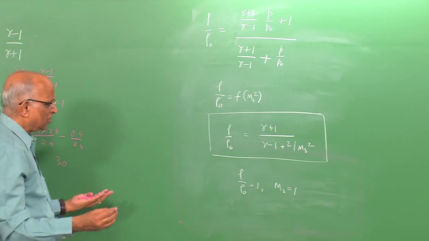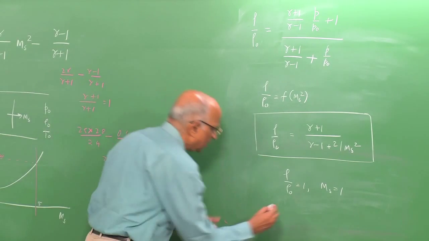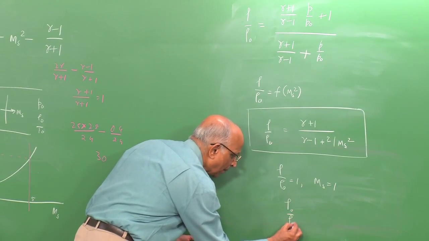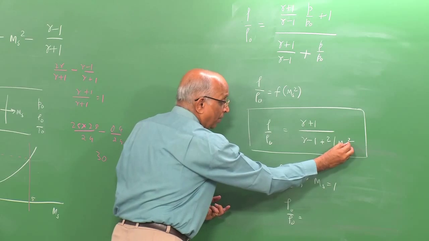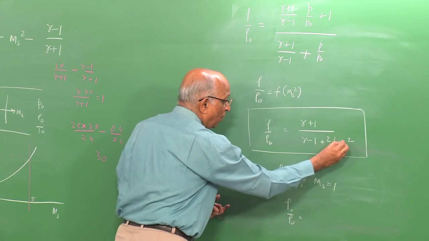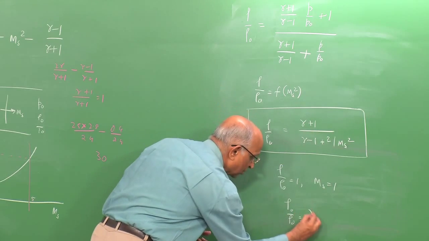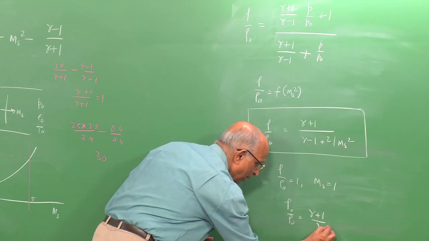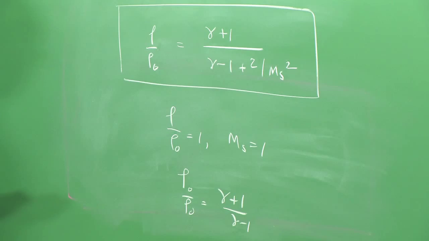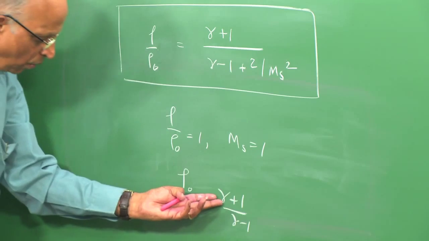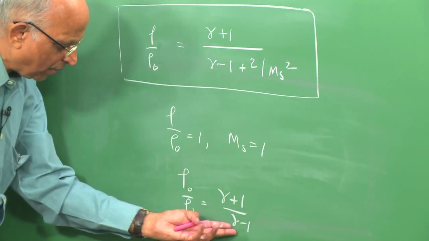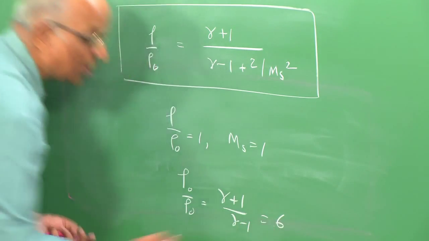When Ms is very large, let us say infinite, what happens? Ms square becomes infinite, 2 over infinity becomes 0, therefore, it becomes gamma plus 1 divided by gamma minus 1, which for air, for which gamma is 1.4, I get 1.4 plus 1, 2.4 divided by 0.4, which is equal to 6.